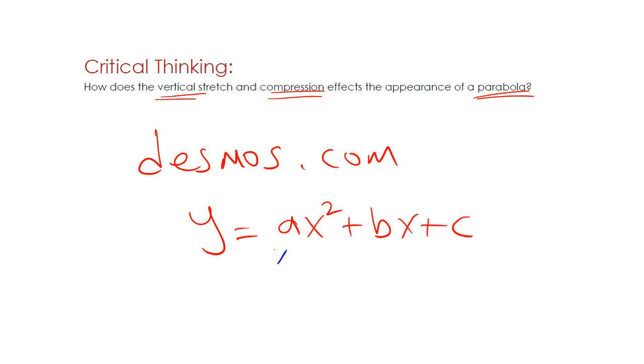Would you be changing the A values, B values, or C values to make an effect on vertical stretch and compression? Find 2 equations and graph each of them on this website and compare the appearances of the parabolas. How does it affect the appearance of the parabola if you have vertical stretch and vertical compression? If you have your own calculator, you do not need to go to this website. Just use your own graphing calculator.